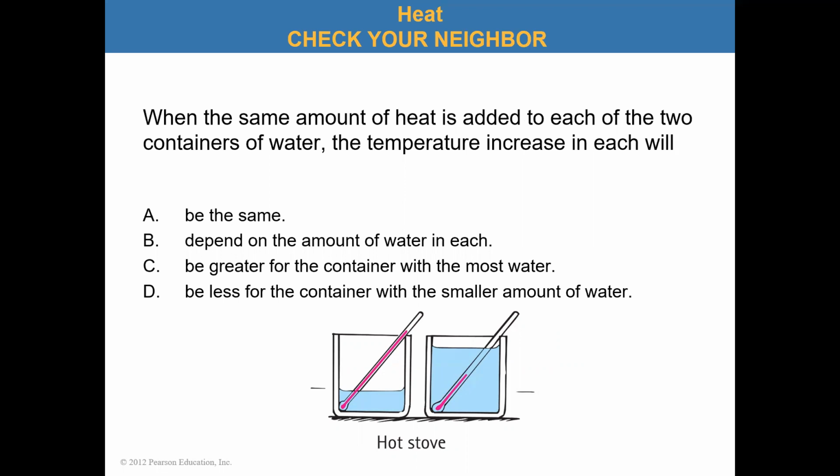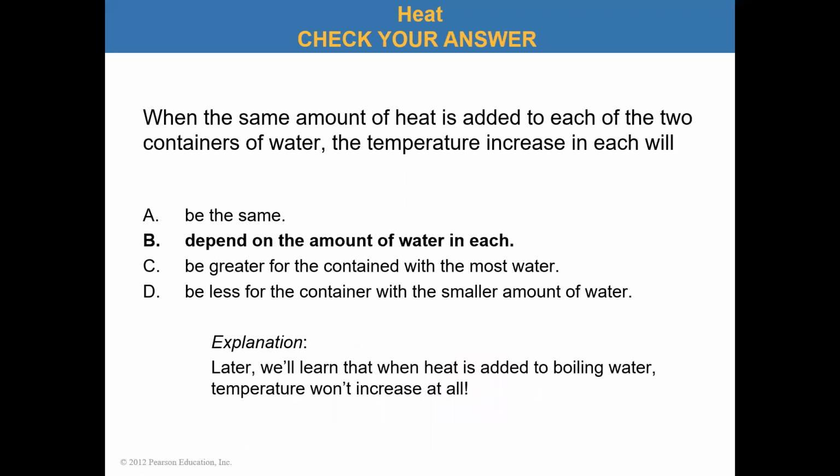Well, they have different amounts of water. So you think they're going to increase by the same temperature? One's a small pot of water and one's a big pot of water. You want to think about that again? B, I would agree 100% with you on that one.